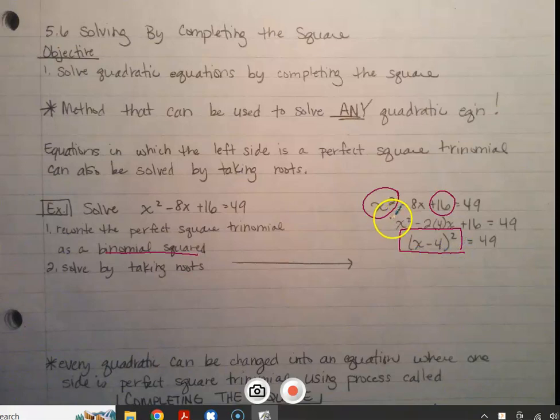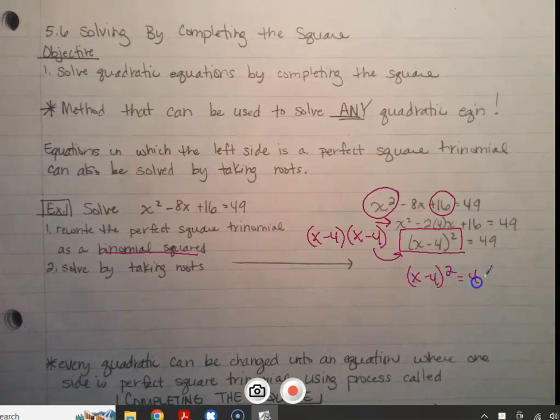The book shows it this way. I don't necessarily think that's a very helpful way, but I put it in there. It would look like this initially, and then we can write it as x minus 4 squared. Then we solve by taking roots. So we have x minus 4 squared equals 49.